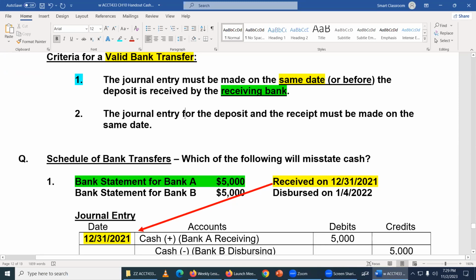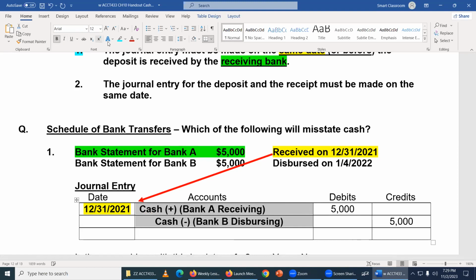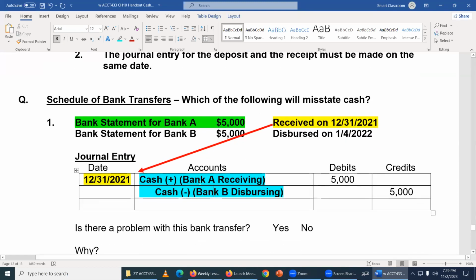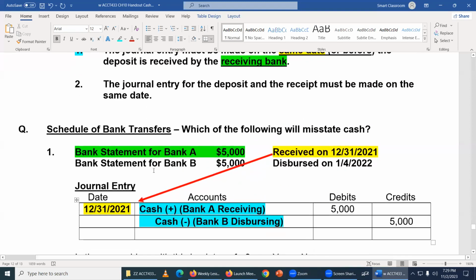The journal entry for the deposit and the receipt must be made on the same date. Well, they are. They should be made in the same journal entry, and that's what this one is. So it's just a cash to cash. You're not any better off or worse off than you were. They're made at the same time, and in this case, it's made on the same date.